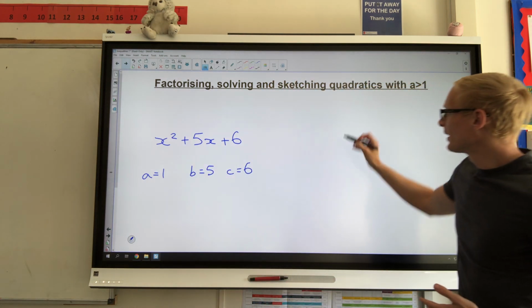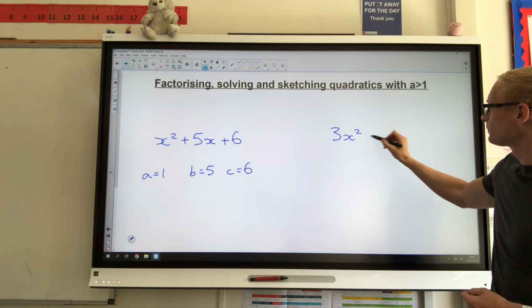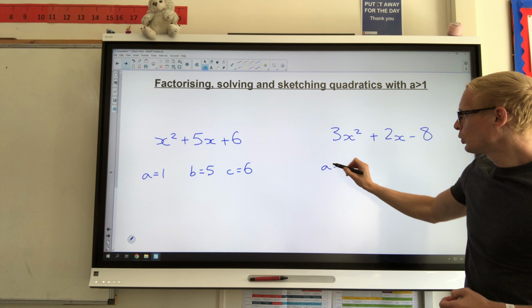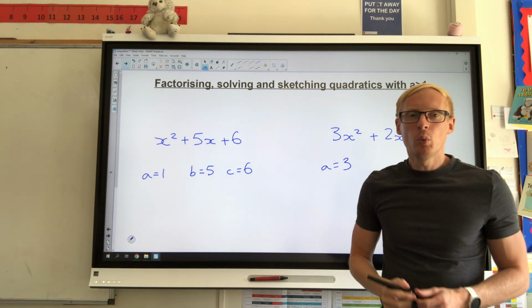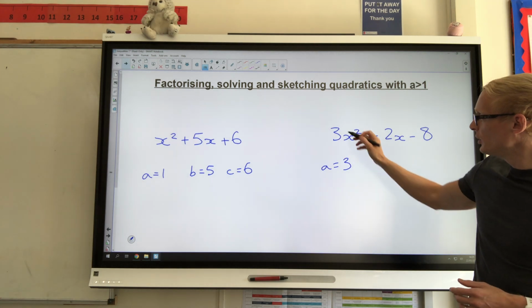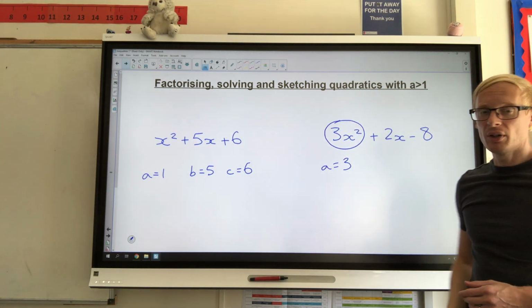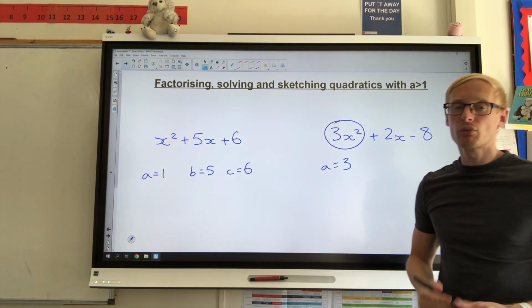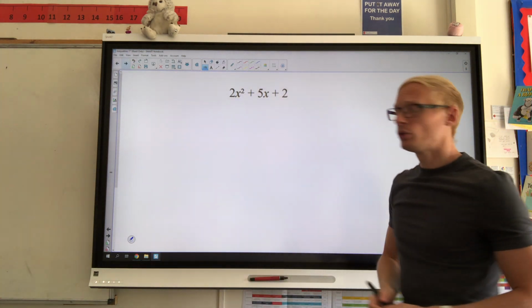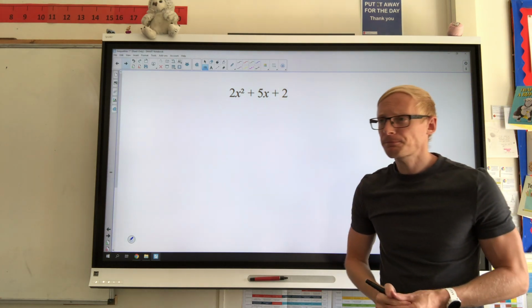Now, when you've got a quadratic like this, you see here that a equals 3. So we're looking today at the ones where you've got a number in front of x squared, a coefficient of x squared greater than 1. This is the sort of thing we're looking at.